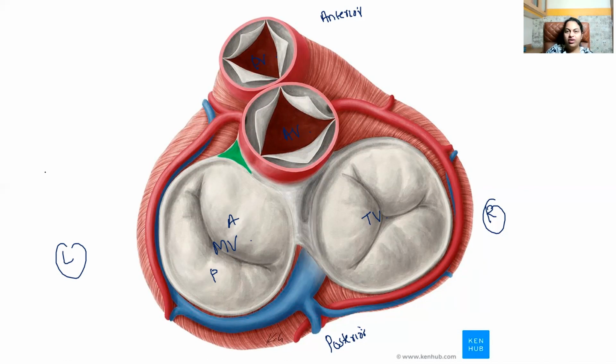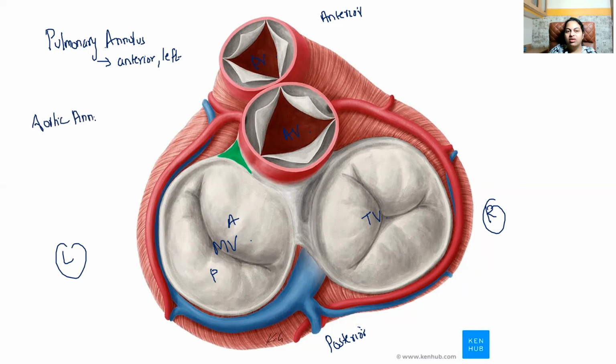So from this picture, of the four annulus, which one do you think is more anterior? The most anterior of the four will be pulmonary, isn't it? So the pulmonary annulus, if you see, is the most anterior and slightly to the left of your aortic annulus. What about the aortic annulus?